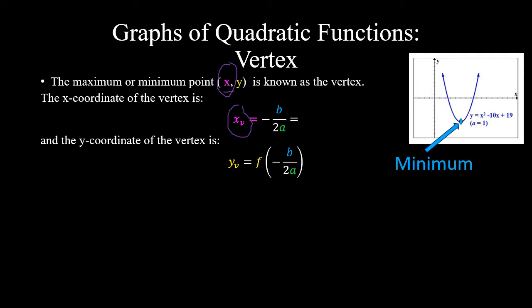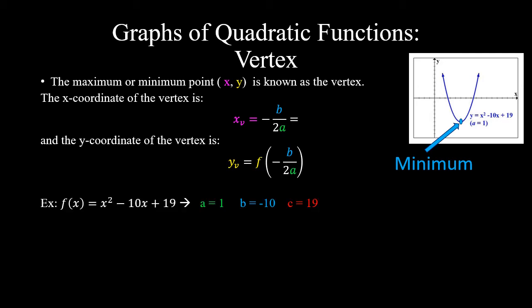So if we got 2 for x, then we'd plug 2 in to find our y. So this just reads that the y-coordinate of our vertex is f of whatever our x-coordinate was. Our x-coordinate is negative b over 2a, so whatever we get when we do that, we have to plug it into our function. That's all that says. It's going to be a lot more clear in a minute. We're going to actually do an example.